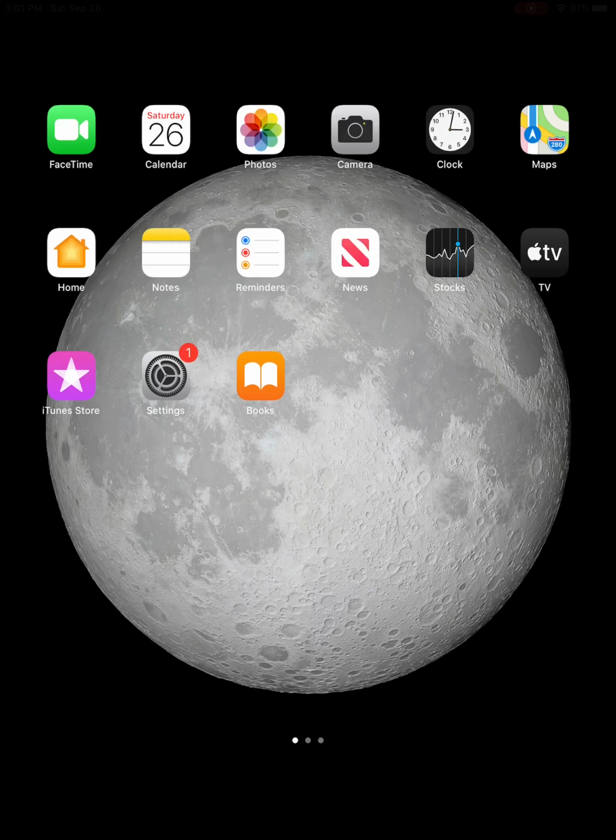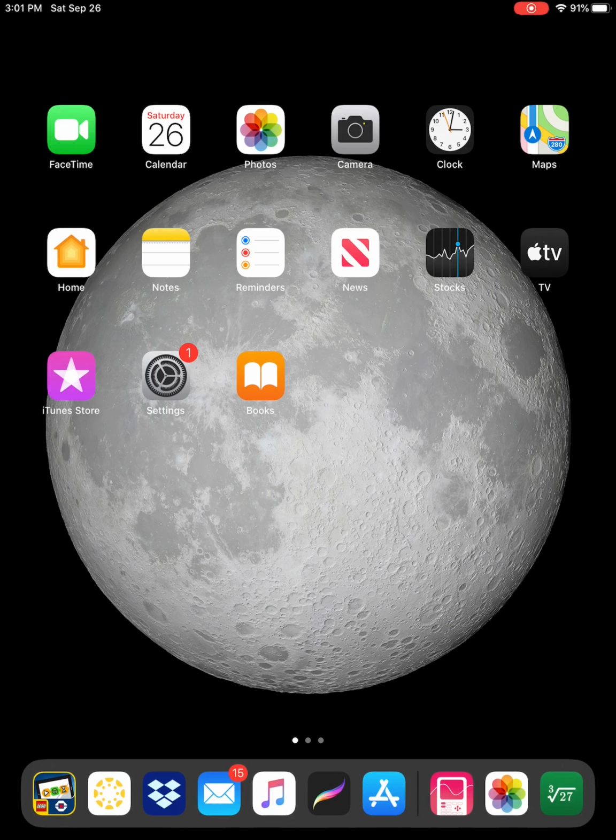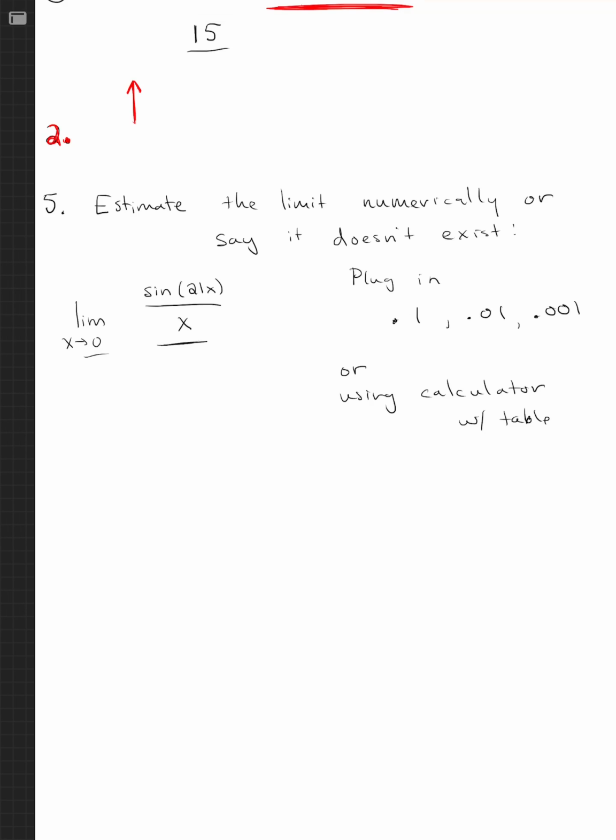So looking at that table, from that calculator table we know that this limit is going to be 21. And looking at the table is what it means by evaluating it numerically.